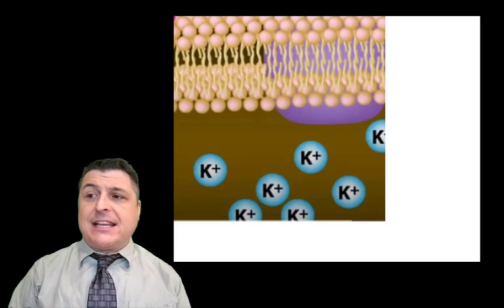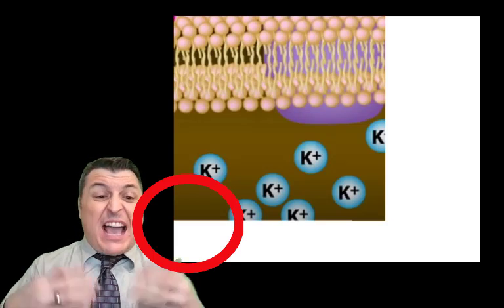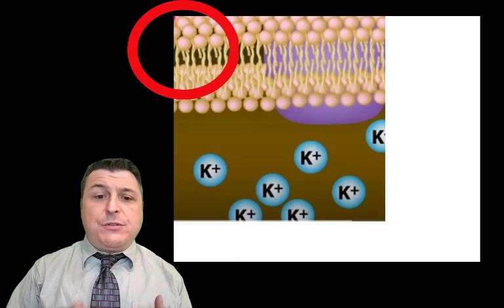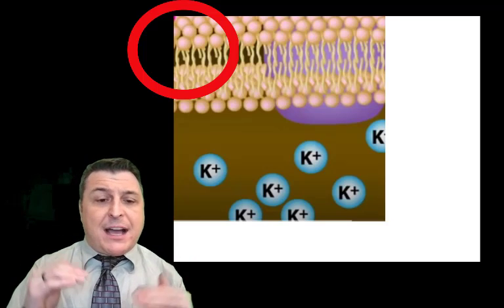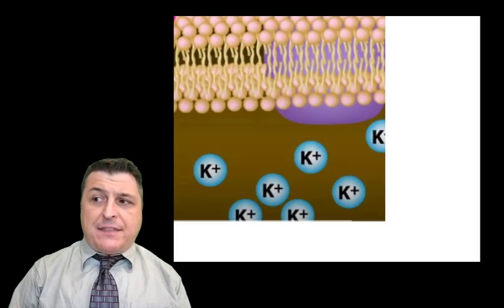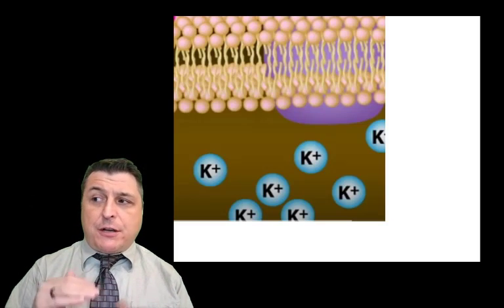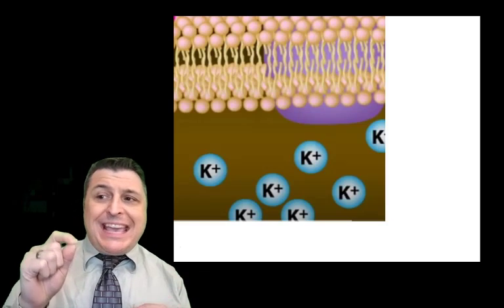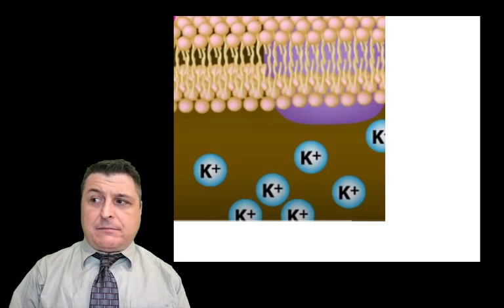At rest, cells are going to be negatively charged on the inside, while the outside of the cell is mostly positive. This is due to a slight imbalance between the positive and negative ions inside and outside the cell. The cells can achieve this charge separation by allowing for the ions to flow in and out of the membrane through special proteins.